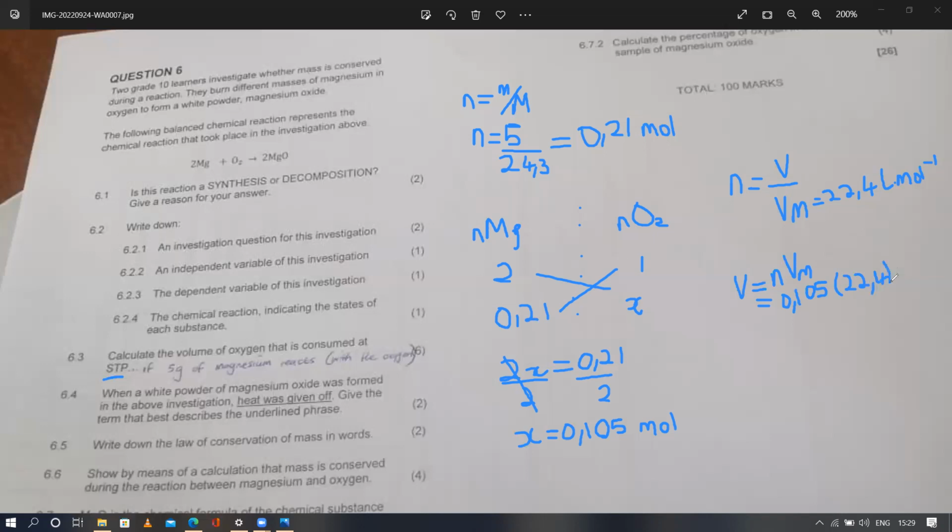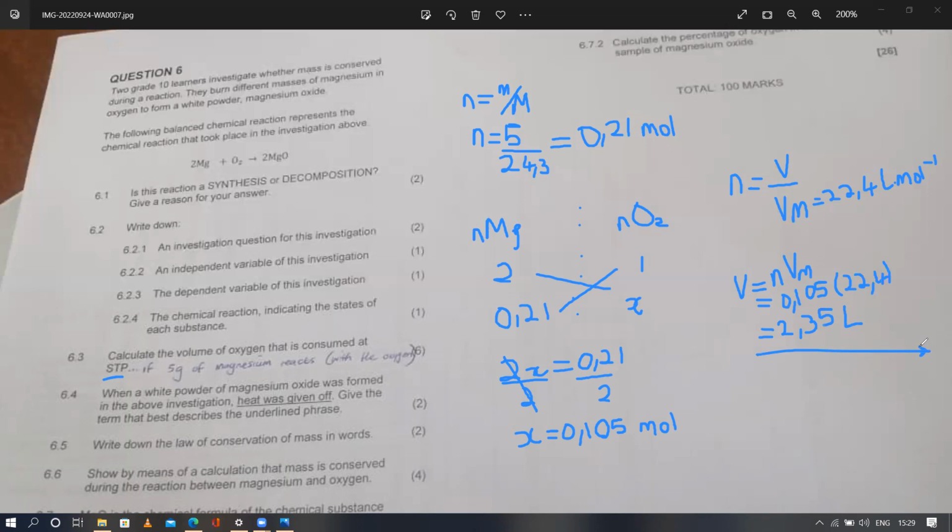So you just have to calculate that. You're going to get your volume as 2.352. So this is your volume of oxygen that has been used.